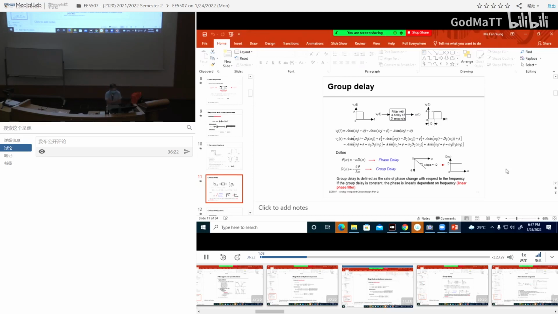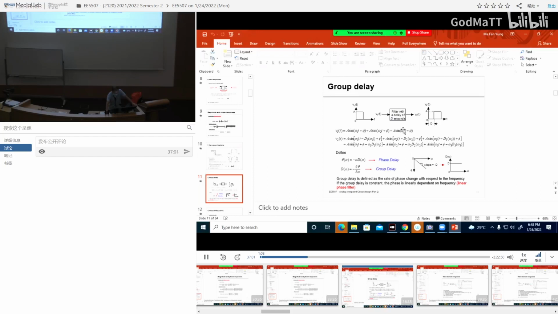Group delay basically is this: if a signal goes through your filter, and your filter just delays it in the time domain, by 1 microsecond, by 2 microseconds, this delay we call the group delay, D. So if V1 is a summation of sine waves, then the output, if this filter has just a group delay of D, looks like a time shift.